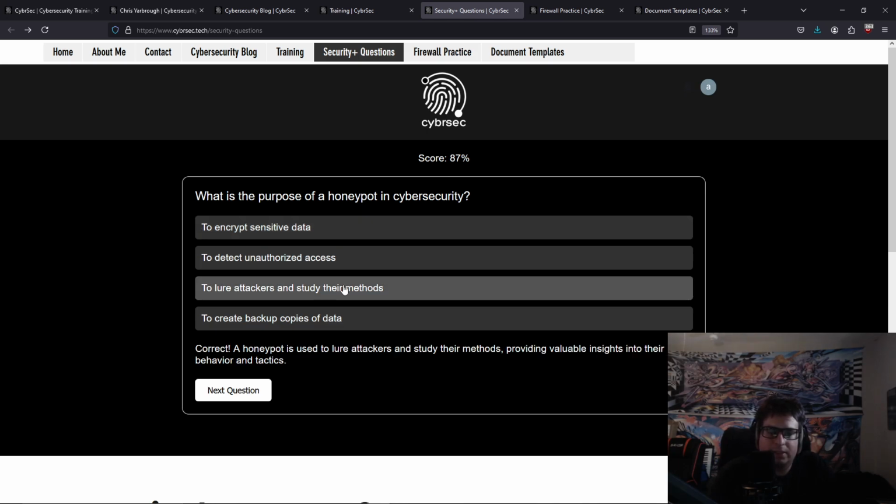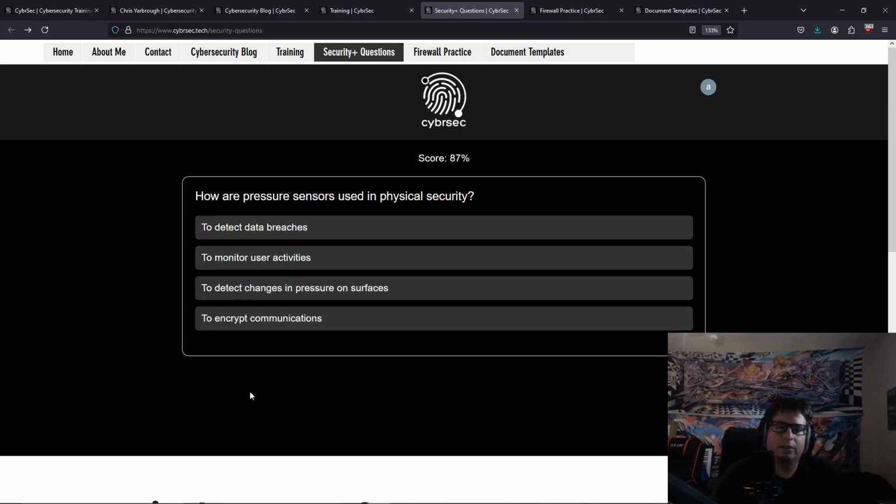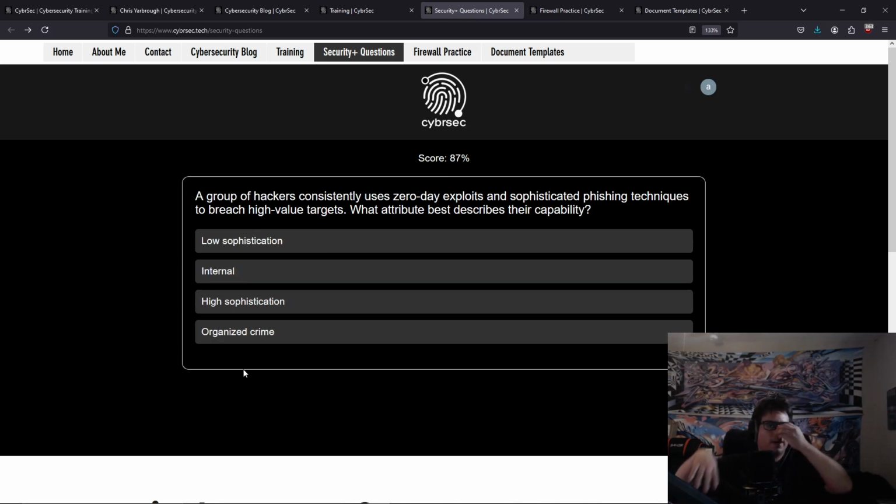To lure attackers. After updating an antivirus program on all company computers, what action may be required for the update to fully apply? A restart? Yes. How are pressure sensors used? To detect pressure. Yes.